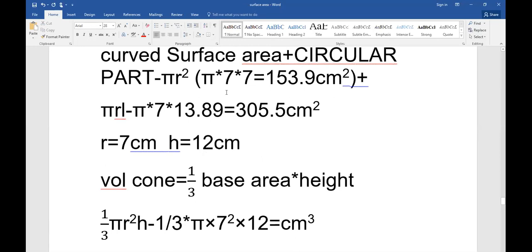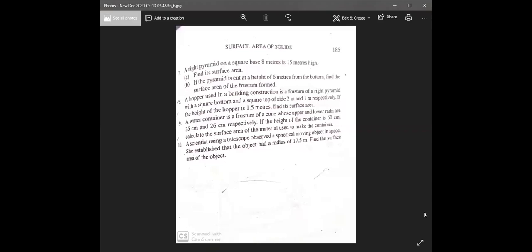So let us look at one example of volume here. I think I have several of them. I don't know if it has one. That one.